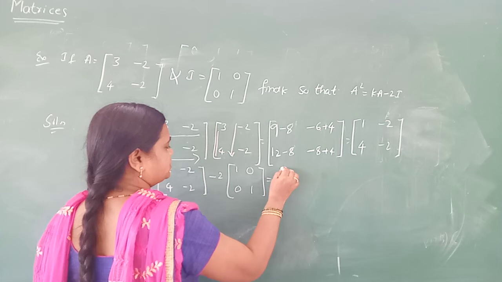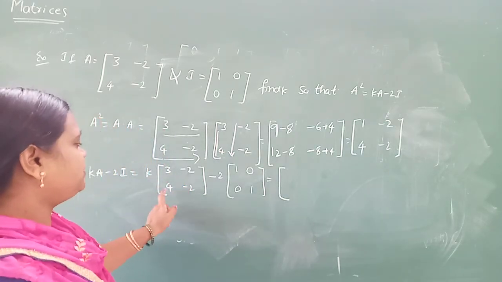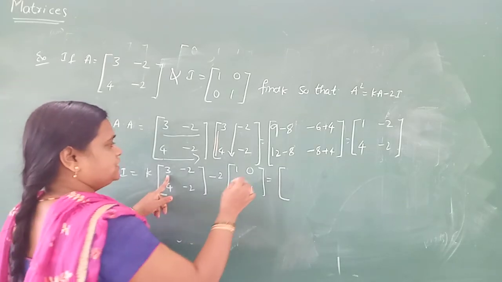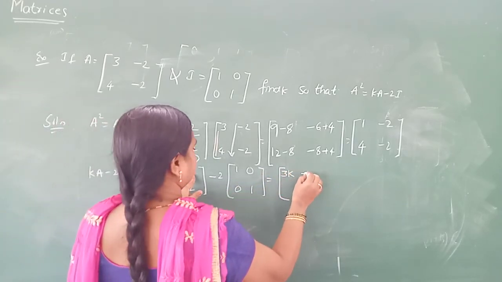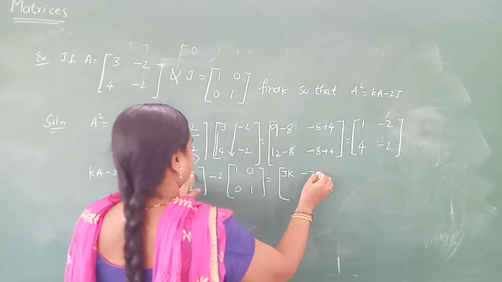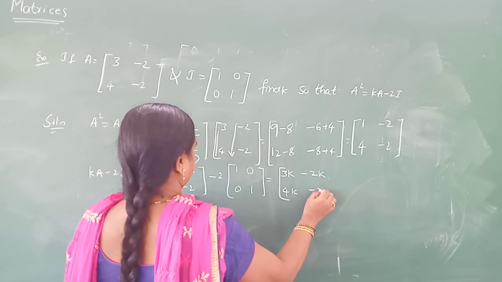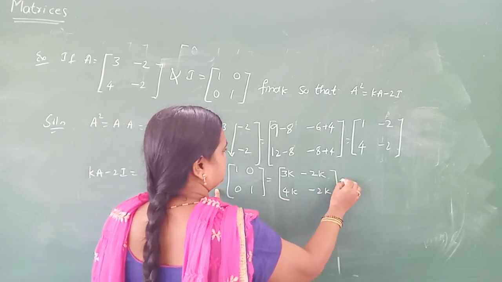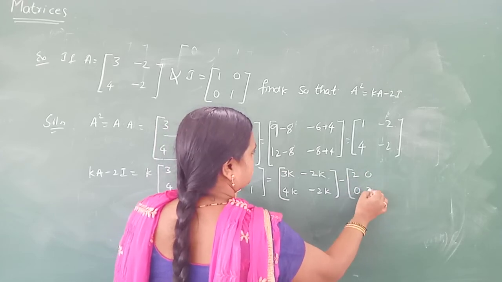Multiply, we will get it. And K is a scalar, so multiply each and every element of the given matrix by it. It is 3K, minus 2K, 4K, minus 2K, minus 2 times 1, 0; 0, 1.